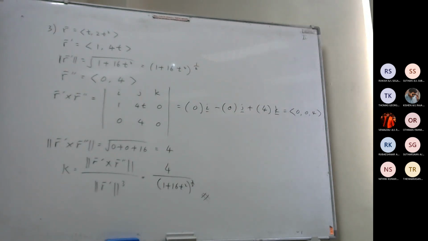Okay, I give a summary here for the curvature. You have curvature on the plane curve and curvature for the space curve. For a plane curve, there are positive and negative signs for curvature, but for a space curve it will always be non-negative. The curvature refers to the magnitude of the rate of change of the direction of the tangent vector.